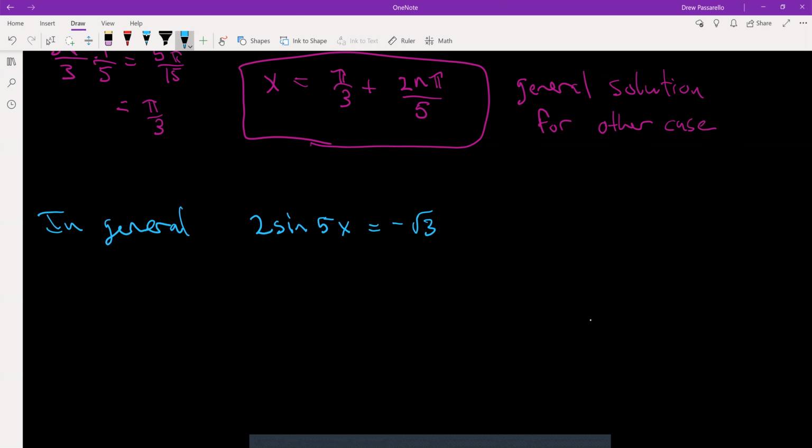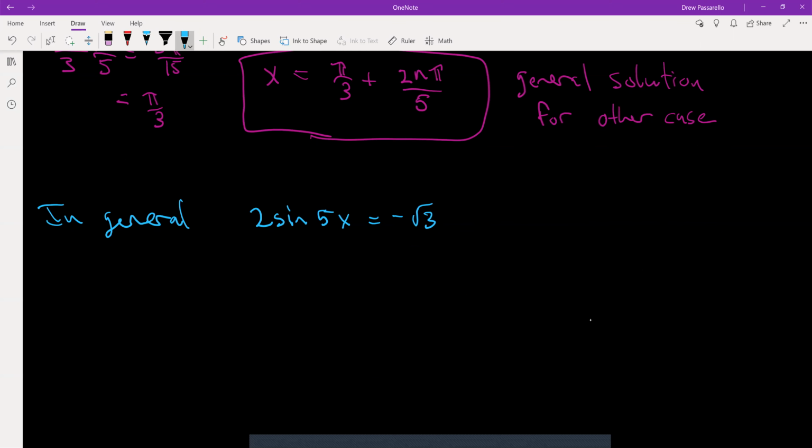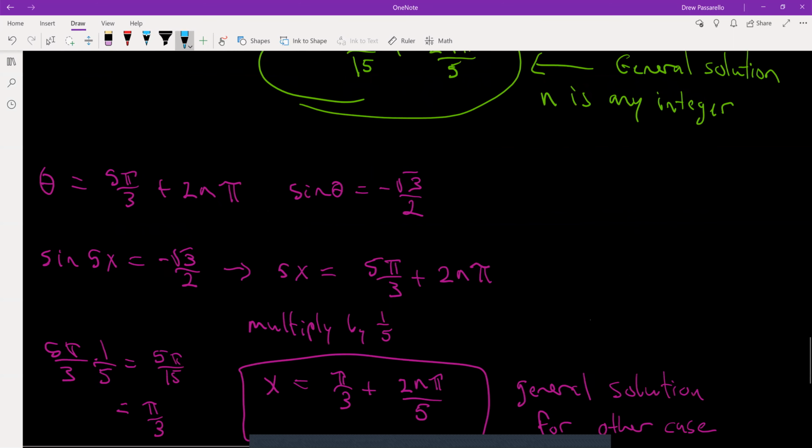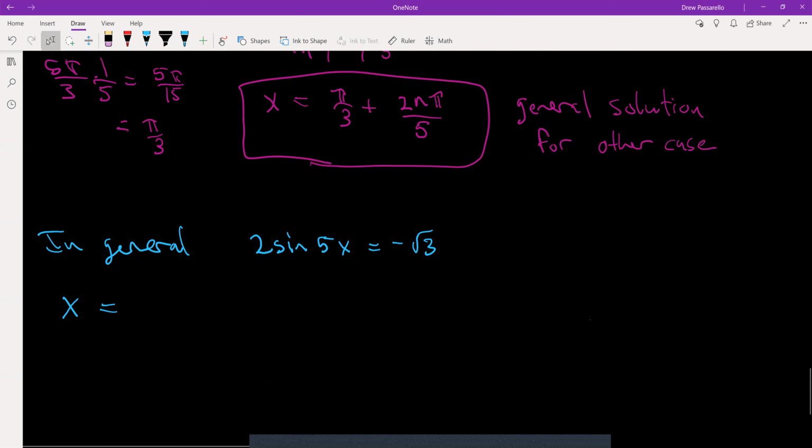Now I found the answers for x in the general terms. So the first one was x equals 4 pi over 15 plus 2n pi over 5.